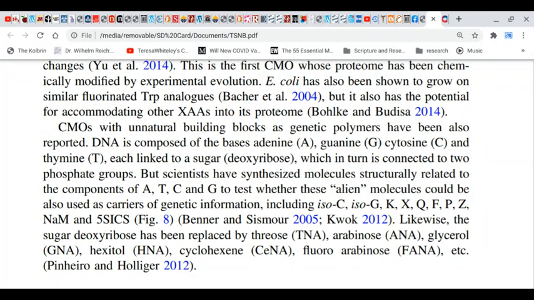Likewise, the sugar deoxyribose has been replaced by threose, TNA, arabinose, ANA, glycerol, GNA, hexitol, HNA, cyclohexene, CeNA, fluoro-arabinose, FANA, etc.